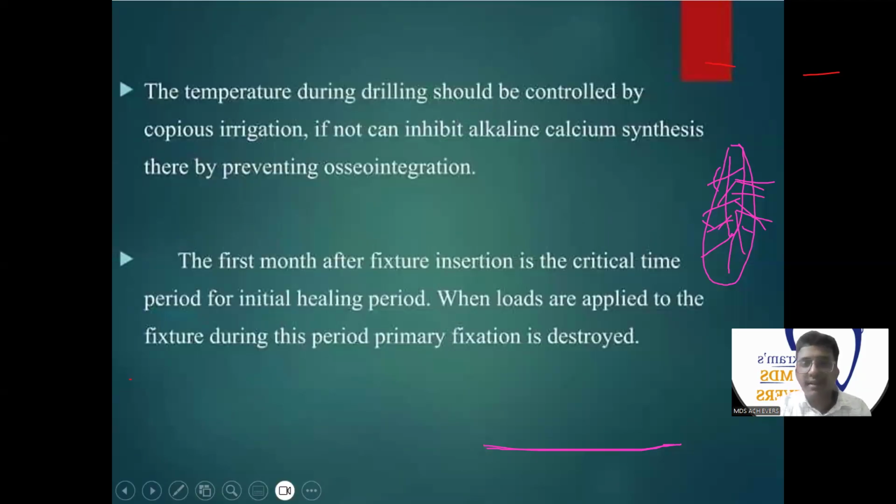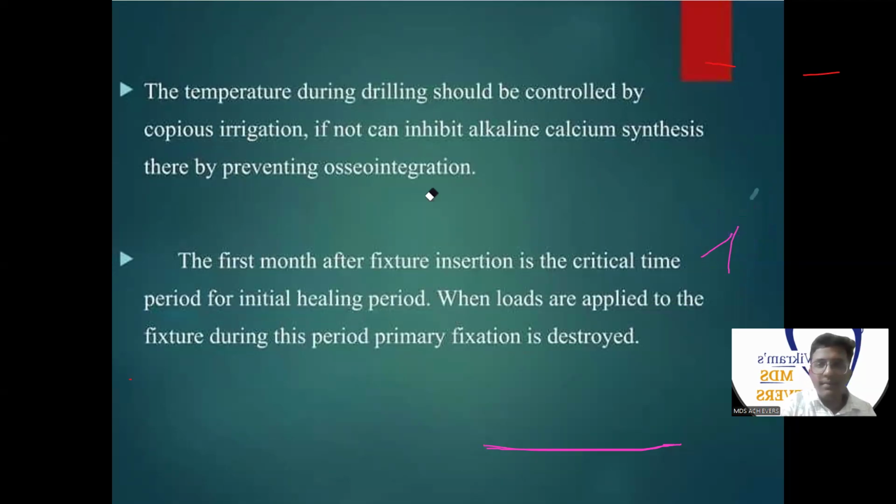And the temperature during the drilling should be controlled by copious irrigation. While we are doing the osteotomy, or drilling the site of the bone, we should use a lot of irrigation with the help of saline. Saline is used, not water, because saline has a pH equal to our blood, so no issues will occur.